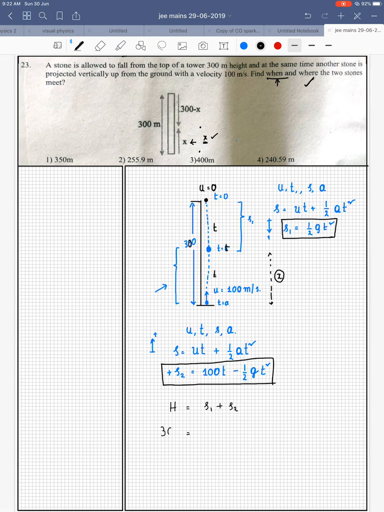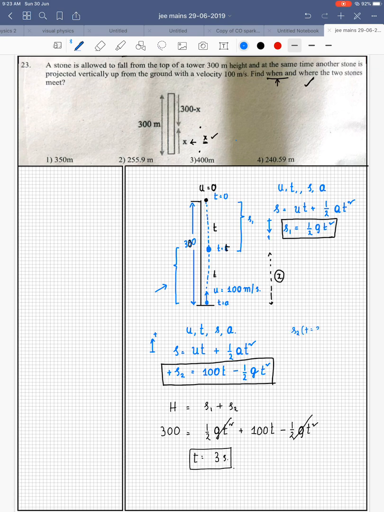I understand 300 equals s1, which is half g t square, plus s2, which is 100t minus half g t square. If I cancel these two, we get t equals to 3 seconds. Finally you get t equal to 3 seconds, and you want x, which is nothing but s2.